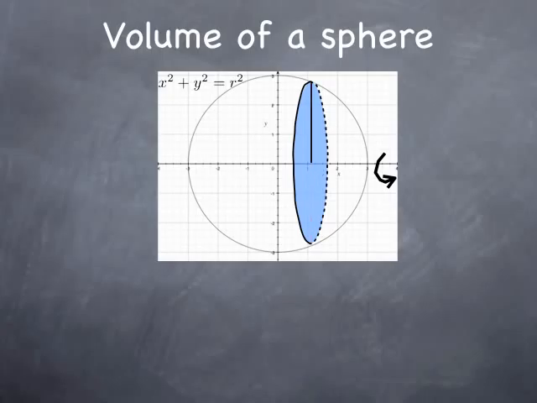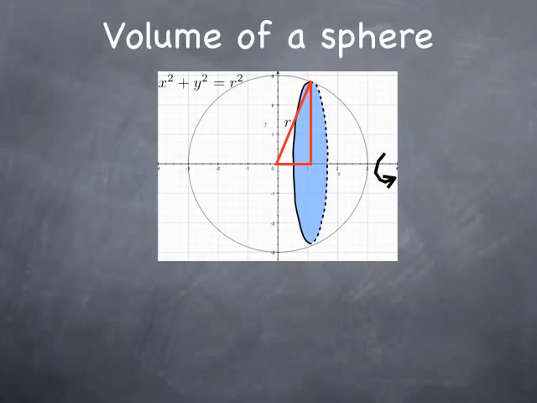So all we need to know the area of the cross-section is the radius of this disk, and to obtain it, if you look at this right triangle, see that the hypotenuse is simply the radius of the bounding circle, so it's r.